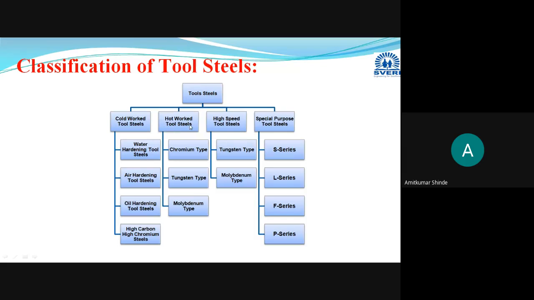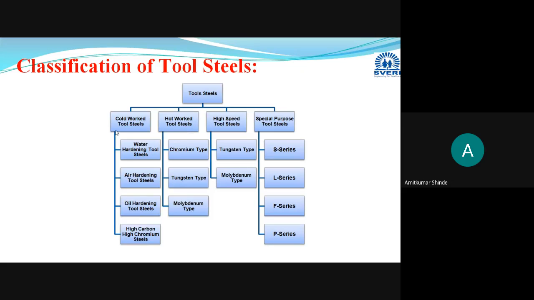This classification is done on the basis of their application or use. Now, these cold worked tool steels are used for performing different kinds of cold working operations. These hot worked tool steels are used for performing different hot working operations.